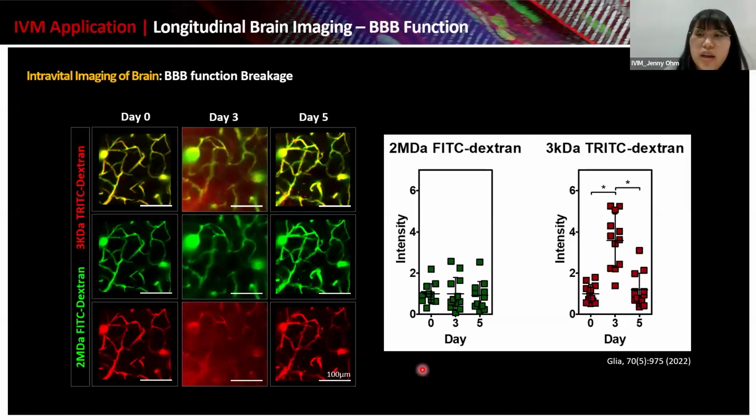This finding suggests that the BBB was likely compromised following photothrombosis and microinfarction, resulting in vascular leakage. Interestingly, by day 5, the leakage of TRITC had returned to very baseline levels, indicating partial recovery of BBB integrity.